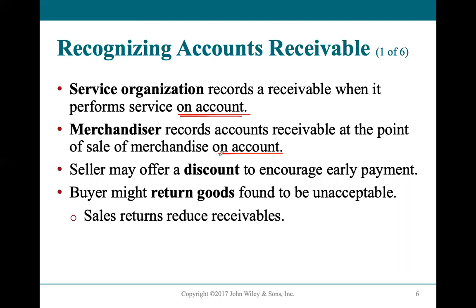So the idea is, I'm going to sell you this product on account, which means I'll receive payment later. Or for a service organization, I will do this work for you now, and I will receive payment for my work later, right? All of that. So on account, very important little phrase that I've been emphasizing since back in the day, right?